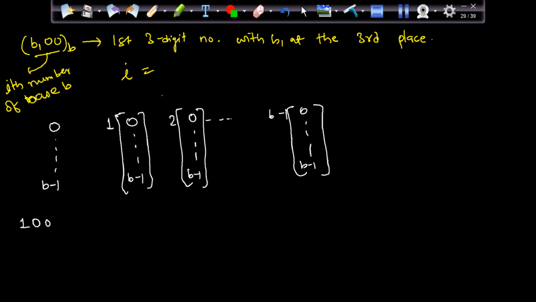This will go from 0 0 up to b1 minus 1, b1 minus 1.